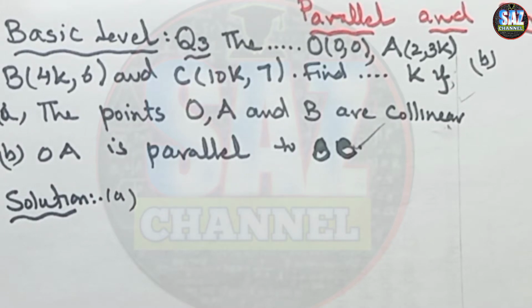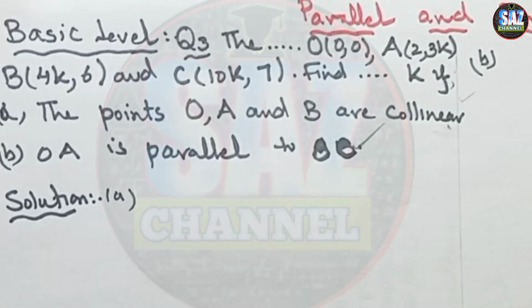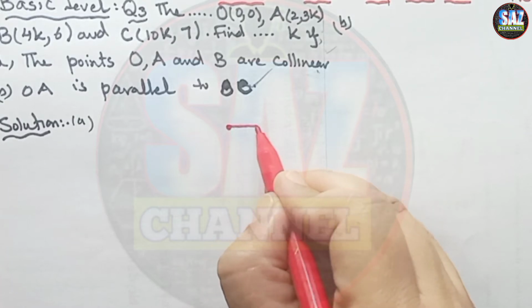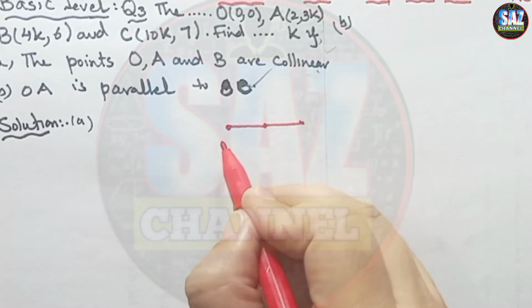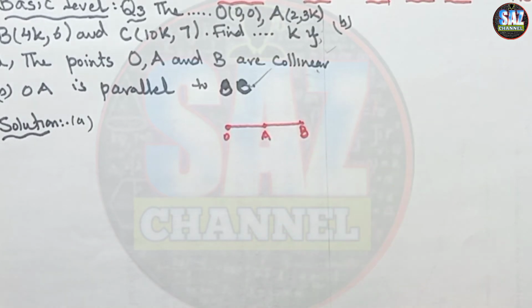In the first condition, the given points O, A and B are collinear. It means that when 3 points are collinear, they lie on the same straight line. O, A and B, these 3 points are collinear. So recall the condition for 3 points to be collinear.